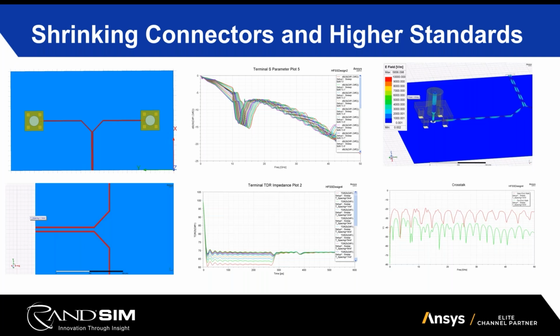For example, on our terminal S parameter plot, also an insertion loss plot, you can see multiple different results. What I did is I ran a scan of the dielectric constant from 3 to 5.5. What was great about this is I put my values in, let it run, and it did all the work for me.